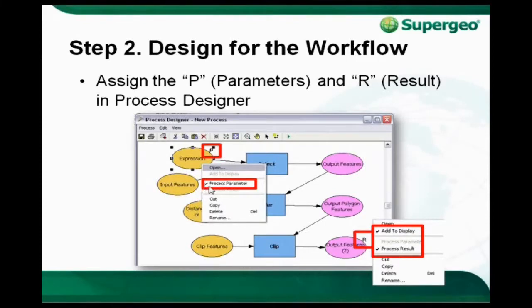Then you should mark it as P by right-clicking on the item and selecting Process Parameters. And for the final result, the clip data should belong to the result and show on the map. So the output should be set as R, and remember to check Add to Display by right-clicking on the output item.